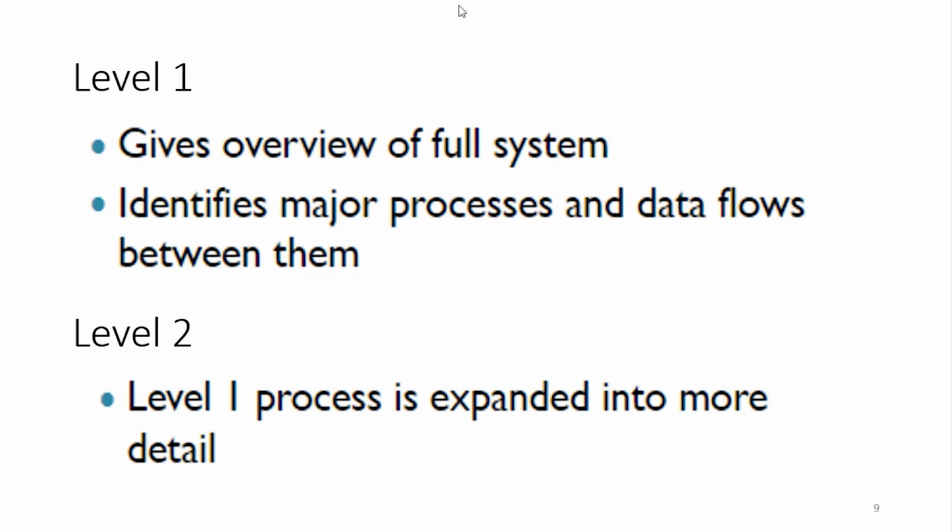We are just going to decompose it, and each process at any level of a DFD, data flow diagram, is usually decomposed into anything between 3 to 7 processes. Because, as I told you, too few processes at any level make that level not worthy.